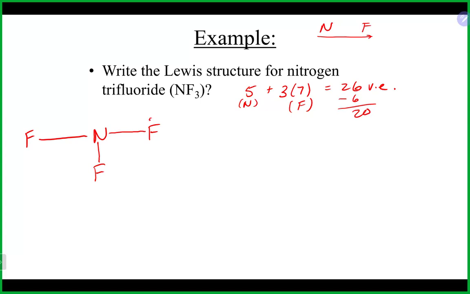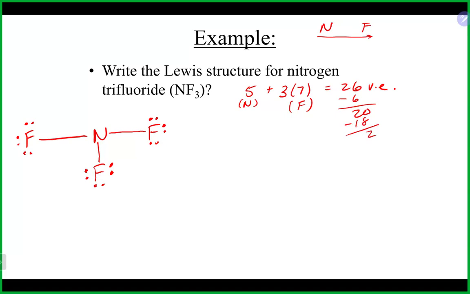So we're going to go with 2, 4, 6, and that one is filled because it already has 2. 8, 10, 12, that one is now filled. 14, 16, and 18. I just put on there another 18 electrons. That still leaves me 2 electrons to go at this point.